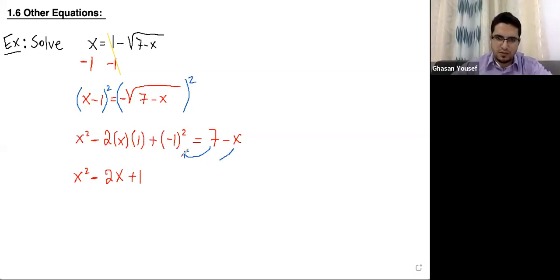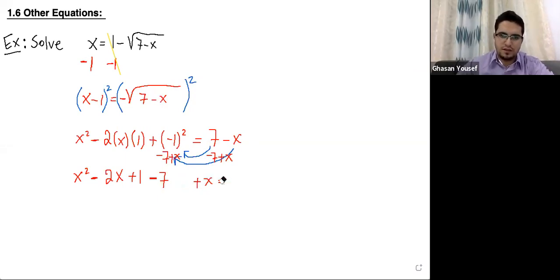And to move the x to this side, I also have to add x. So add x to both sides. I will get minus 7 plus x equals 0.